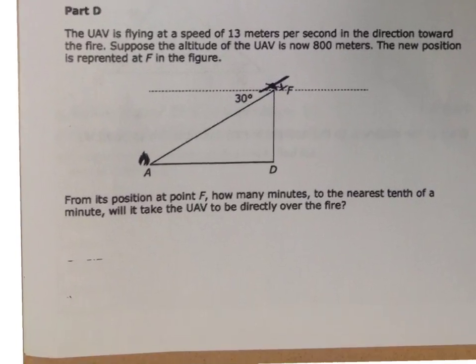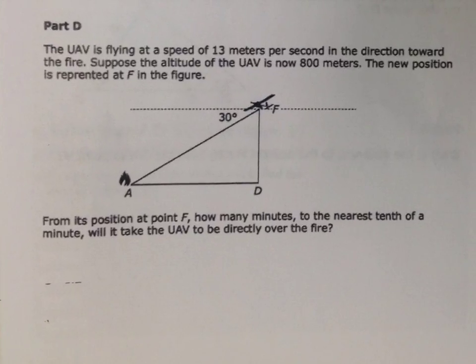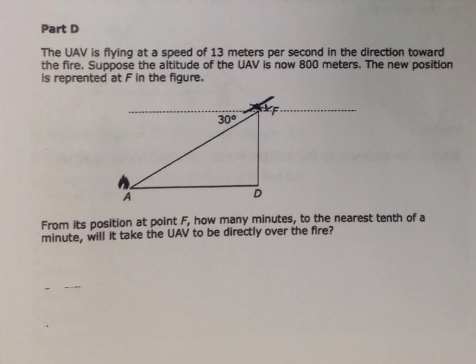Last question, question D. It's asking me something else about how fast this plane is moving. It's traveling at a speed of 13 meters per second toward the fire. Suppose that the altitude is now 800, so it's actually dropped down to a lower position.